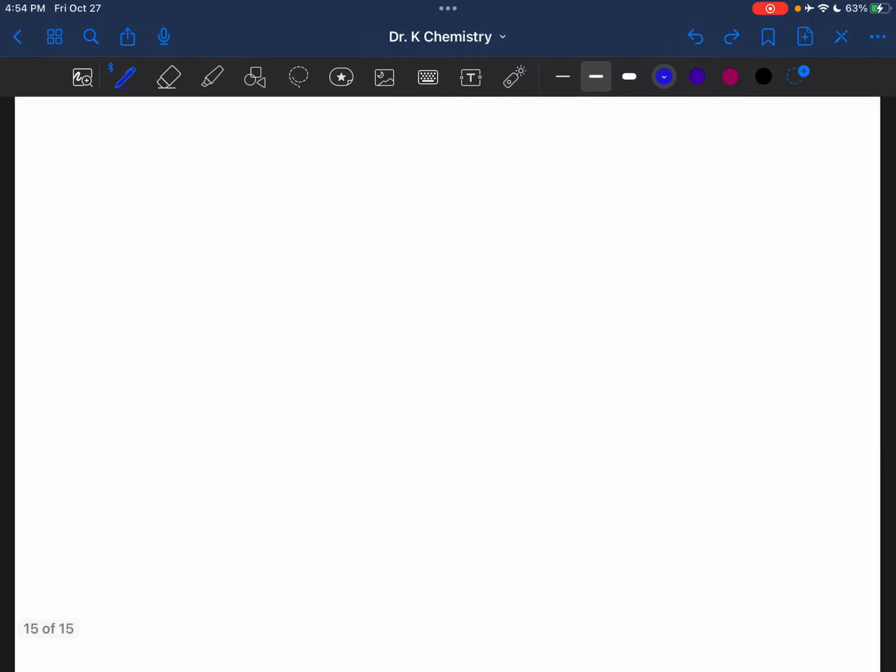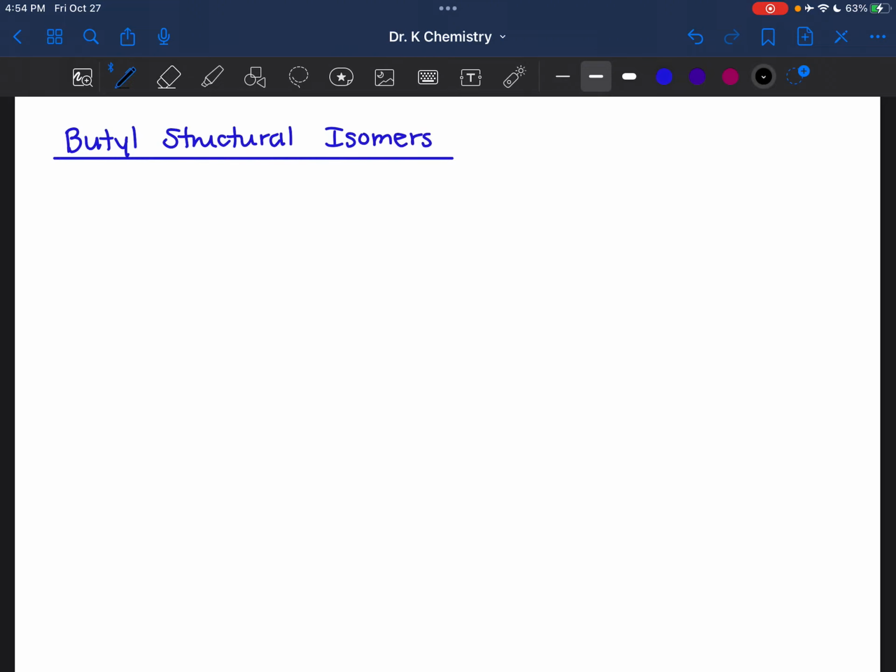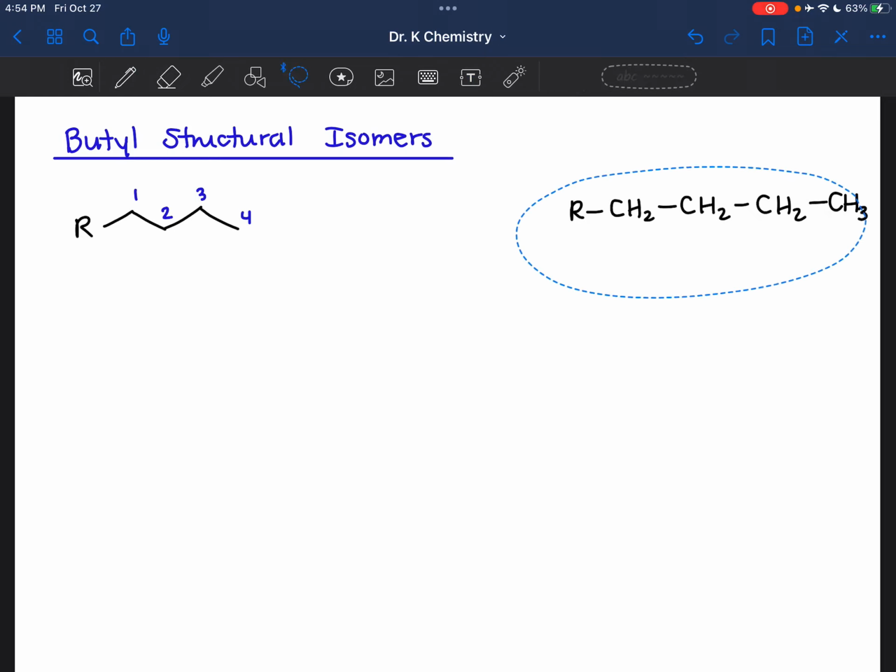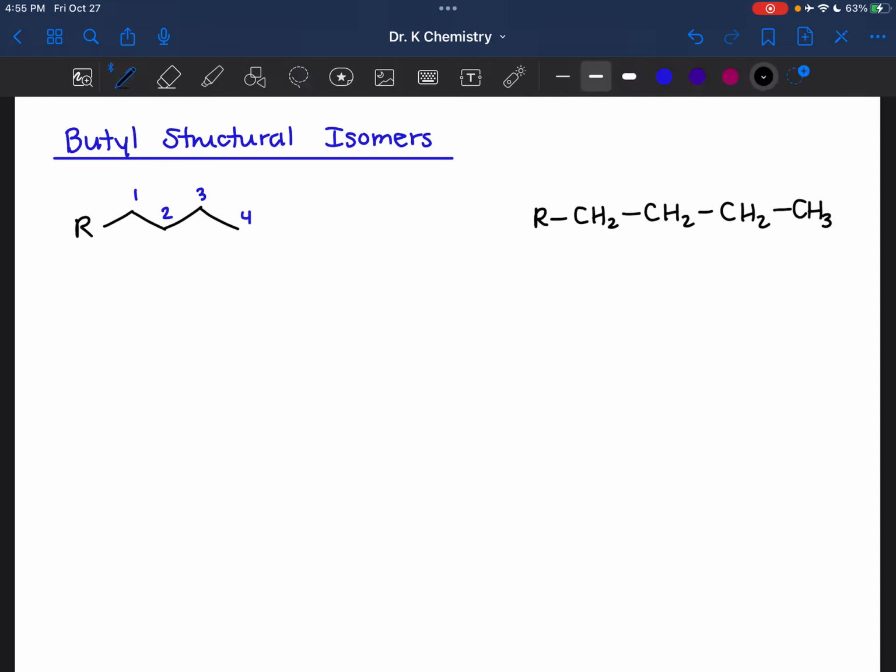Let's take a look at some butyl structural isomers. Okay, our standard butyl will have 4 carbons connected to each other. And I could draw these in the condensed structural formula format. So if they connect in a straight chain like this, we call that butyl.